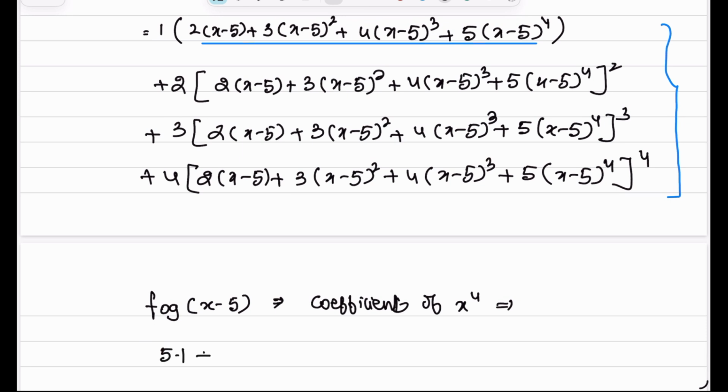First one is 5 into 1, plus the second one: this whole square, (x − 5)⁴, again that whole square. (x − 5)³, again squared.